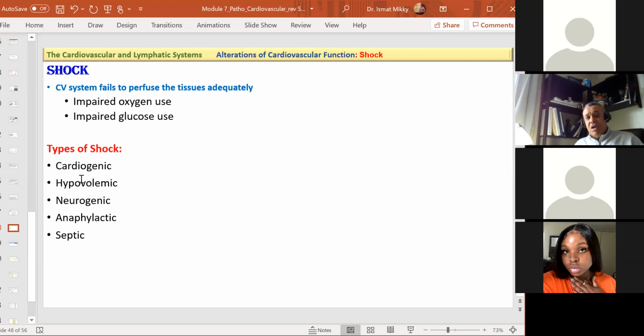And then hypovolemic shock. Patients develop hypovolemic shock from a significant decrease in blood volume, which results in a decreased filling phase, or less blood returning to the right atria because of the hypovolemia.